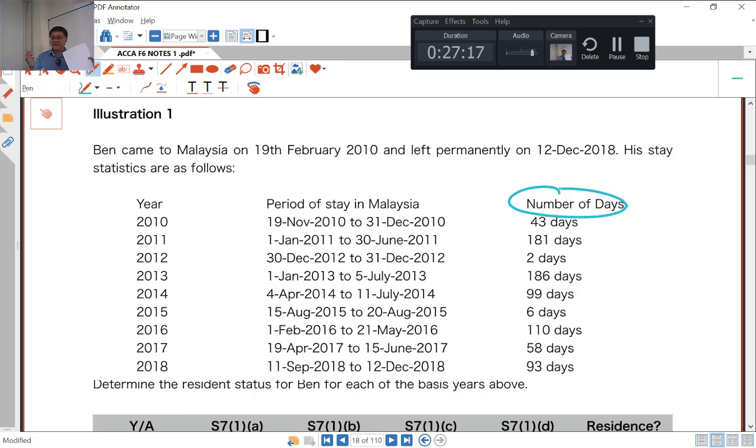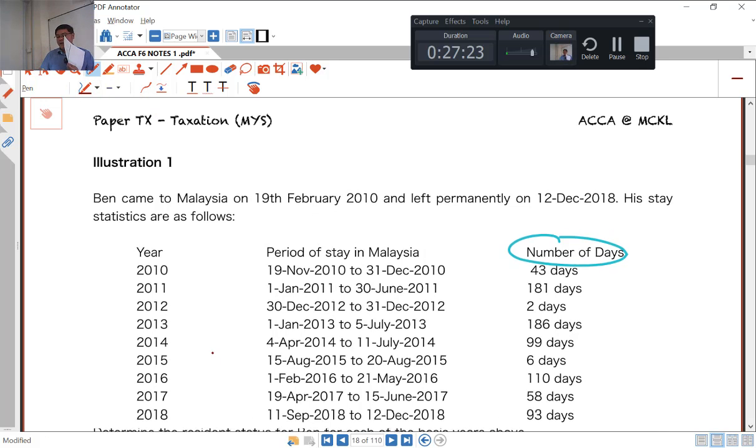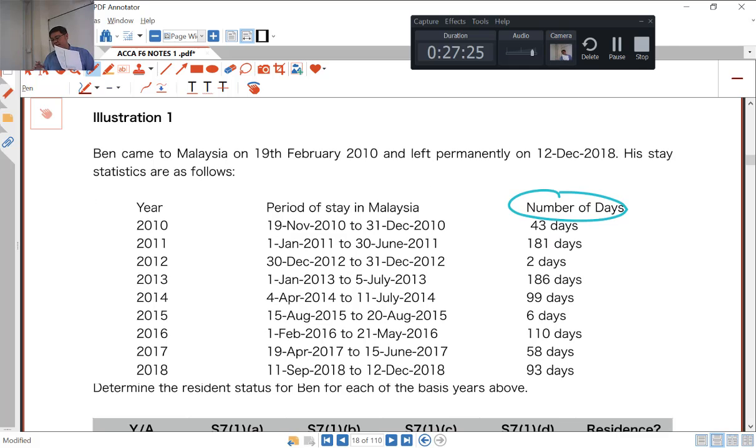But if they are nice to you, they just give you the days. If they don't give you the days, you just count yourself. When it comes to counting of days, this is the idea. We will count you as 1 day as long as you're in the country, doesn't matter how long, because the law says part of the day you're in Malaysia, you're assumed as 1 full day. So if you're here for, let's say, 5 seconds or so, it's 1 day. So we just see the date. We don't count the actual hours.